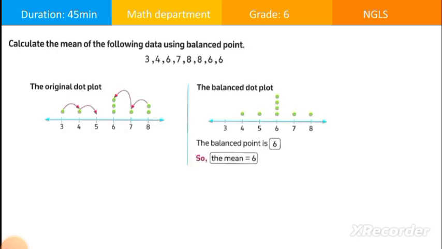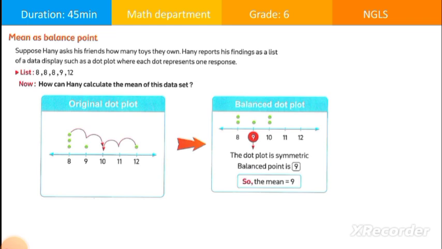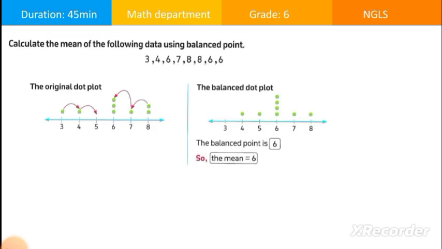Calculate the mean of the following data using the balance point: 3, 4, 6, 7, 8, 8, 6. The points make the original dot plot: 3, 4, 6, 7, 8, 8, 6, 6.